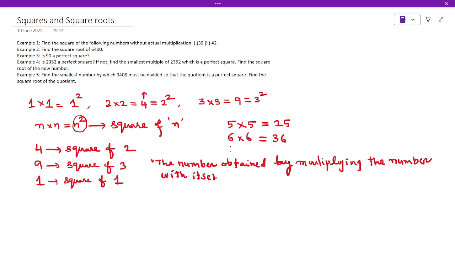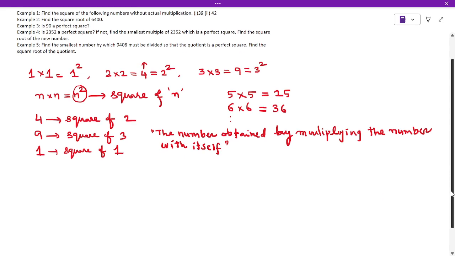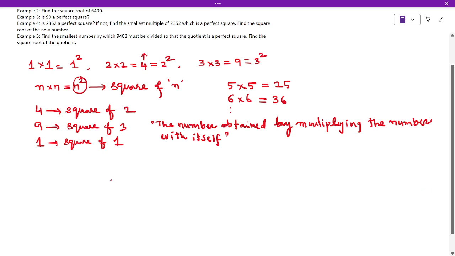Is that clear? So that is the definition of a square number. Clear? So, as I said, you simply multiply the number with the same number to get the square number, right?